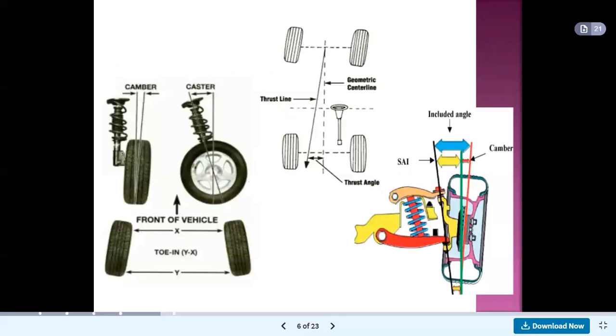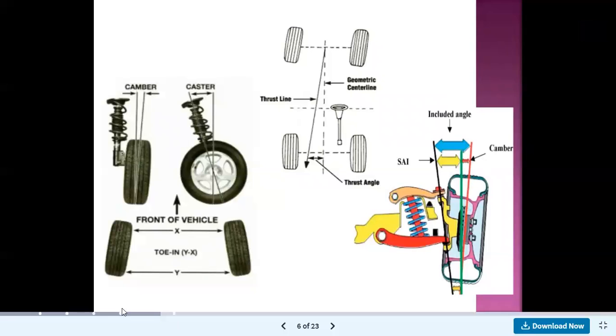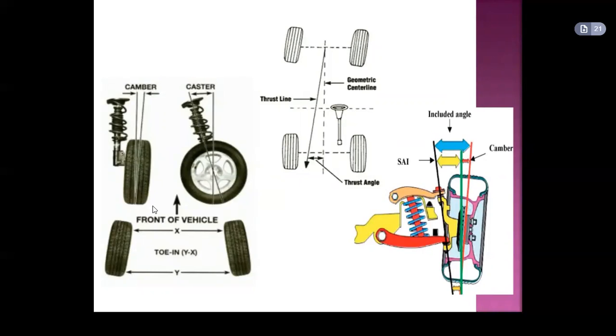If we see the different sketches, which are again related to the mechanism, in this diagram we see camber. Camber is when the wheel is turned inside, in the inner direction of the vehicle, and the angle between the vertical direction and this wheel axis is called the camber angle.